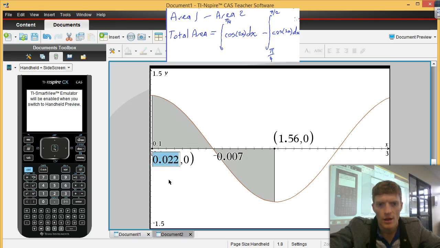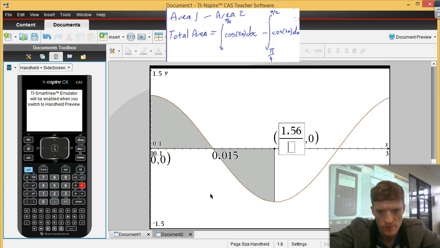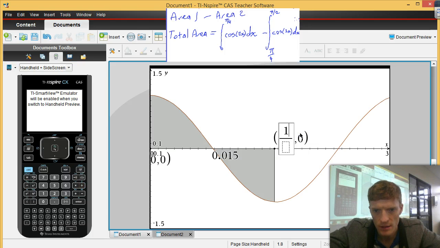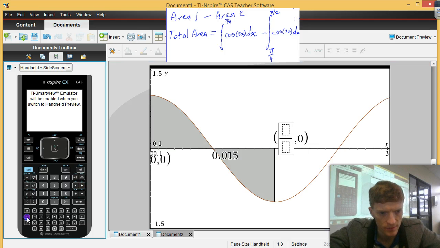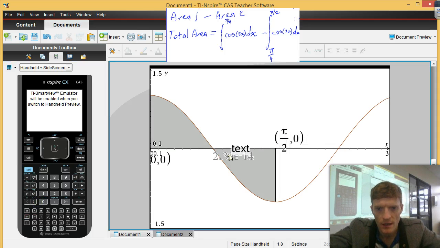So I will have a 0, and this one was upper limit of pi on 2. So you can put it in as an exact value, and I get this.